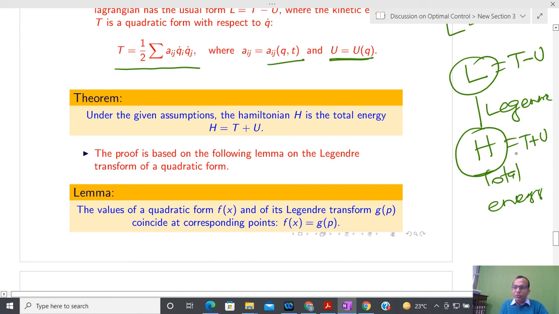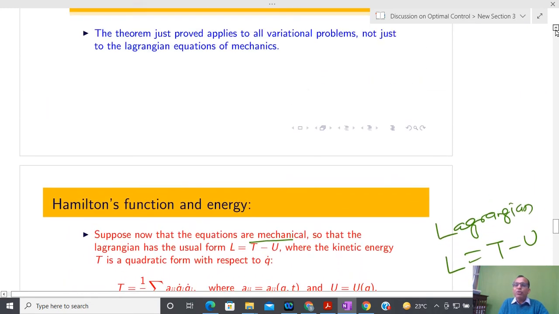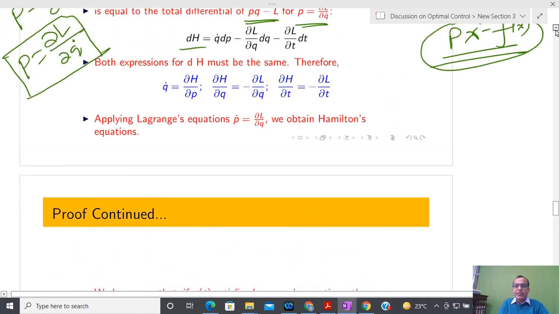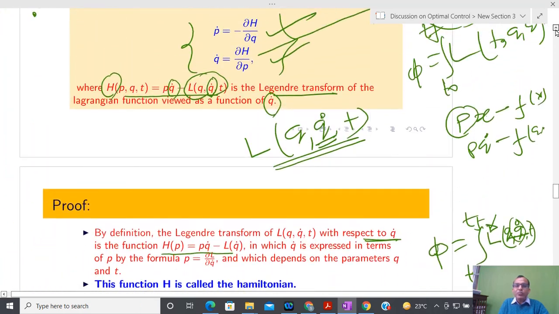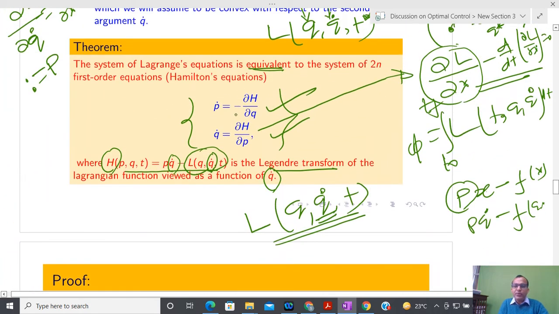What we are going to do now is look at the total energy, and we know that if I know the energy H, then I can formulate the differential equation. How do we get the evolution equation? p dot equals minus dou H by dou q. It means that if I know the total energy, then I can directly write these two equations, and those equations characterize the motion of the system.